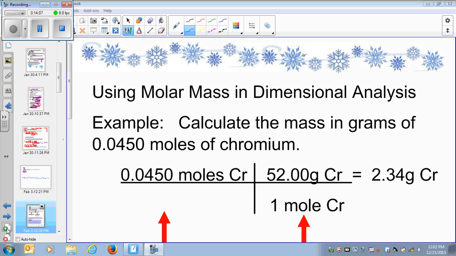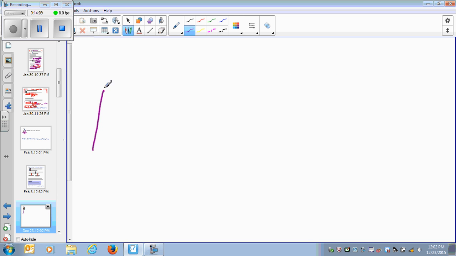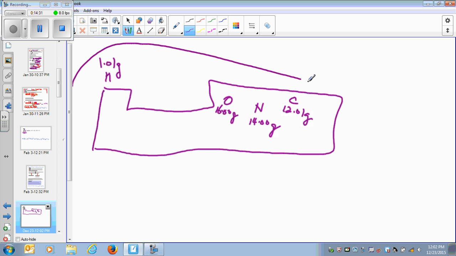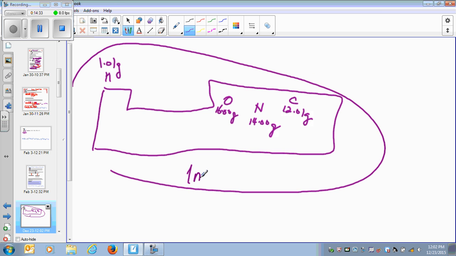Let's say that the mass of carbon is 12.01 grams, the mass of hydrogen is 1.01 grams, the mass of nitrogen is 14.00 grams, oxygen is 16.00 grams. So whatever you're getting from the periodic table is equal to 1 mole.